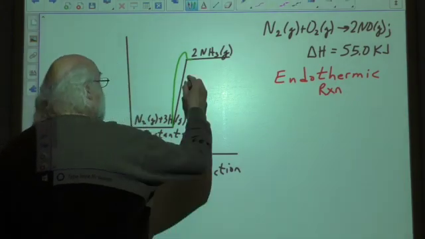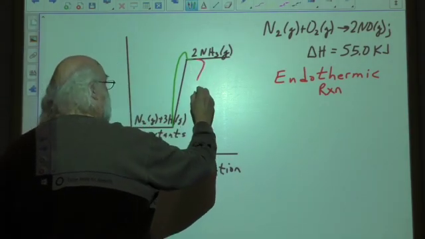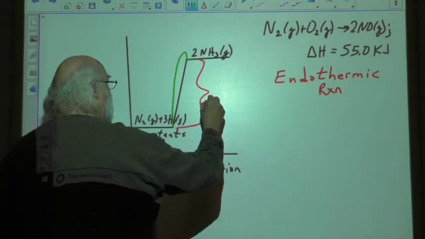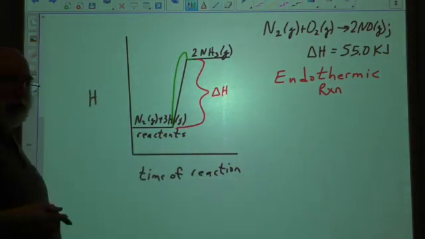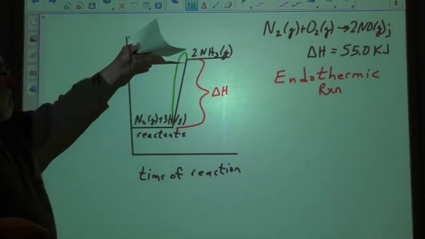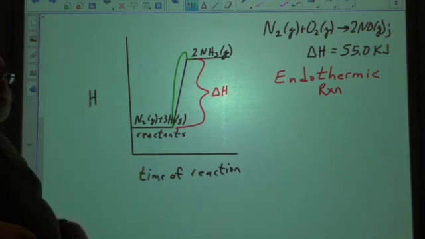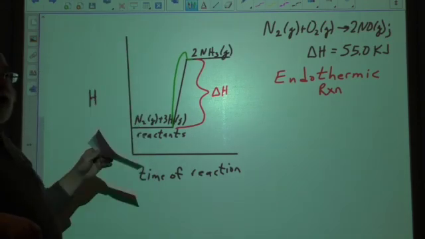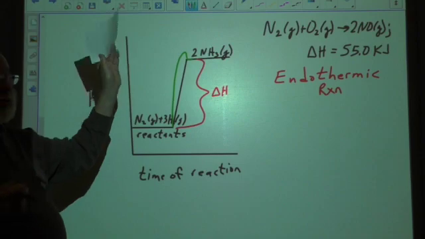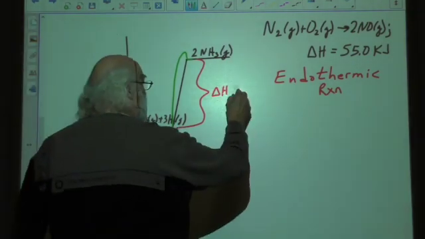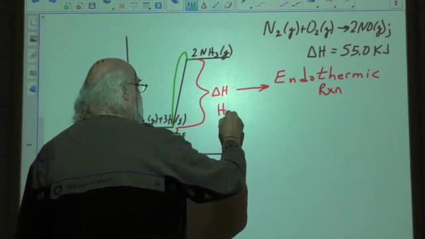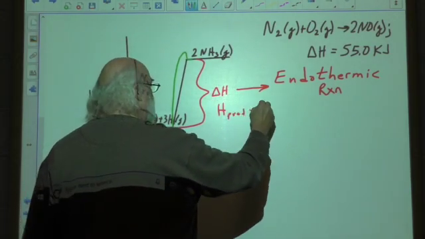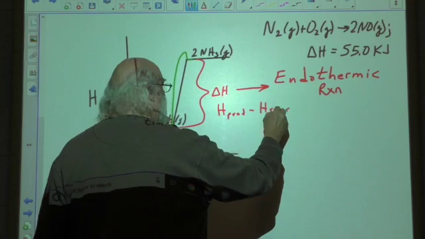But the difference between the reactants and the products, which is shown here, is called the delta H. Delta is the Greek letter for D, which stands for difference. You're subtracting the final minus the beginning. The top minus the bottom is positive, where the other one above was lower minus higher, which was negative. And so we have here an endothermic reaction, where the products minus the reactants is positive.